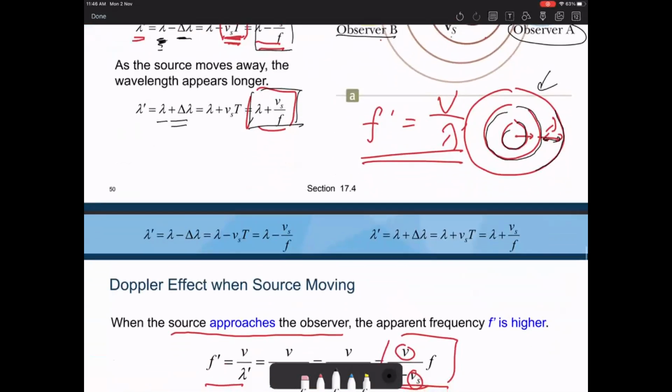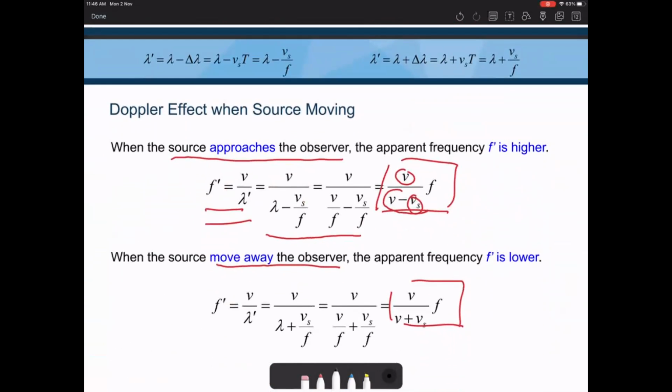The apparent frequency can then be calculated as v divided by lambda dash. So you have the equation for the source approaching the observer and the source moving away from the observer as the equation at the top and the equation at the bottom.